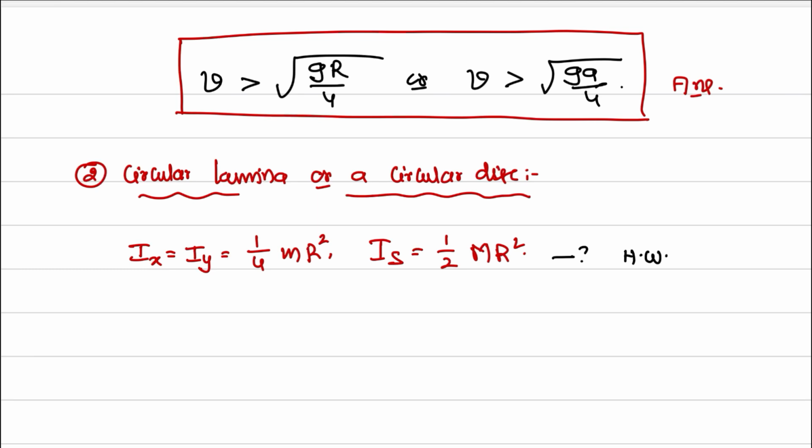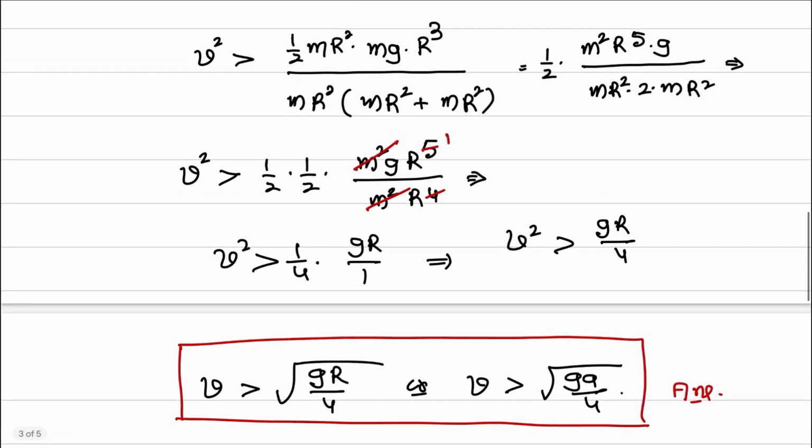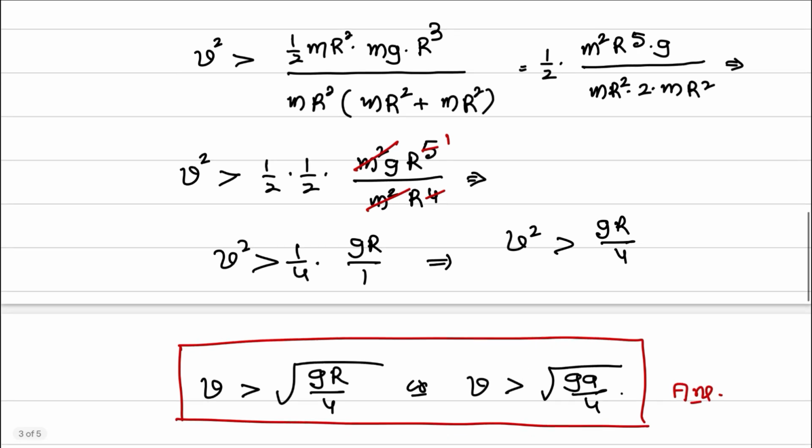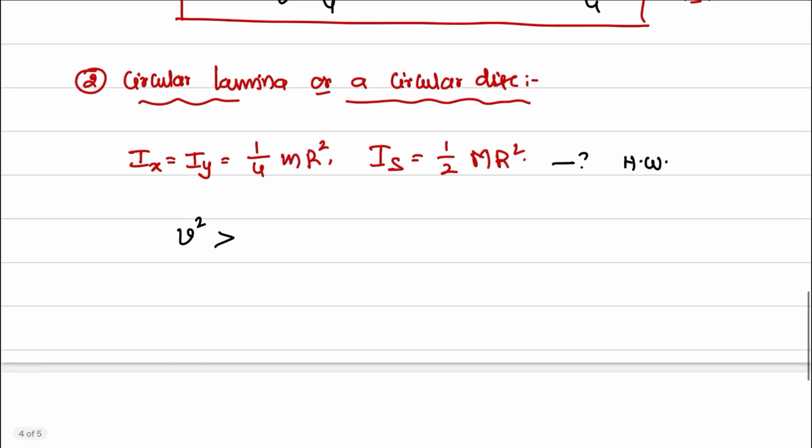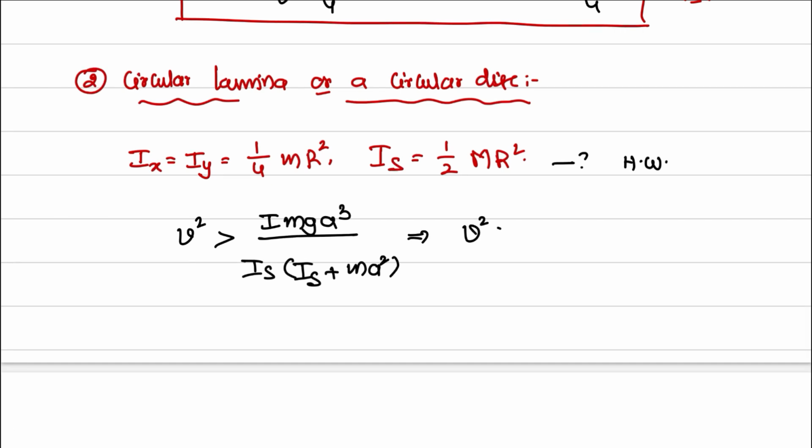Now, what is our formula? V square should be greater than half I m g a cube divided by Iz into Iz plus m a square. That implies V square should be greater than, what is I?